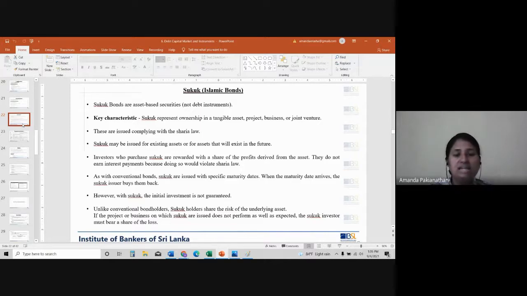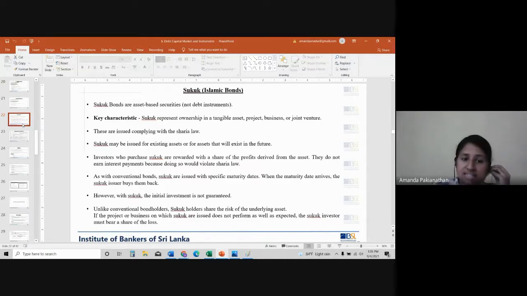What are the characteristics of equity that you can see in the Sukuk market? You get the ownership of the underlying project, business or the venture. You get exposed to the cost overruns, you get exposed to the losses of the underlying project, and you are entitled to the profit share that comes from the underlying project.